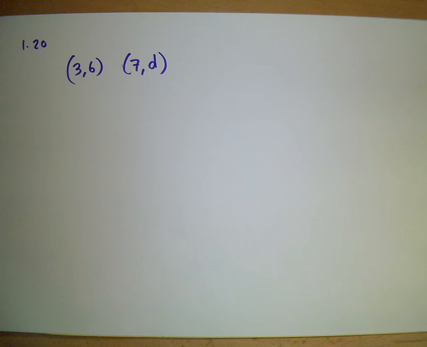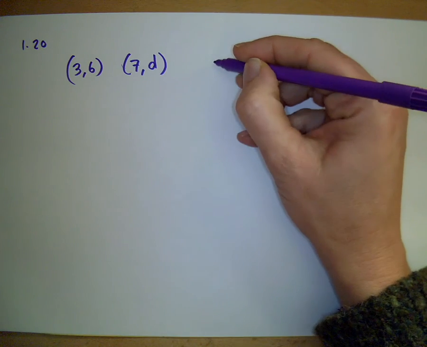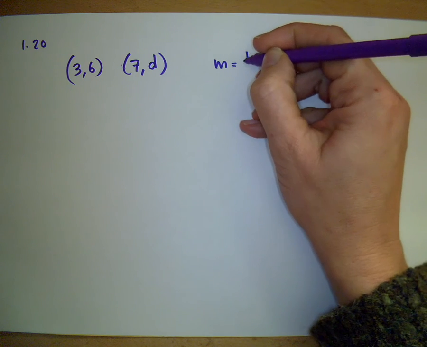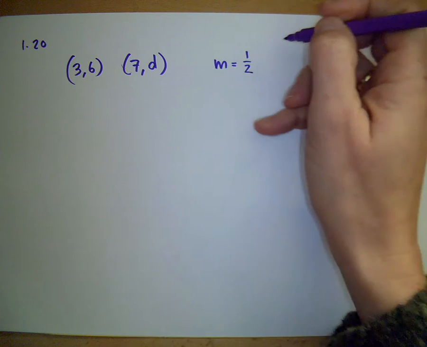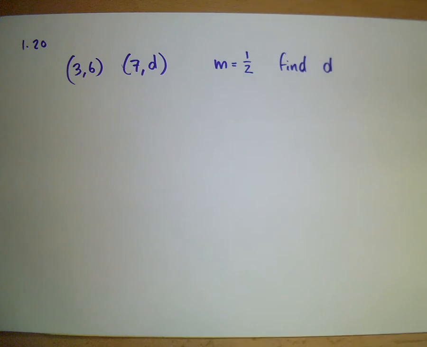The problem says this line connecting these 2 points has a gradient, which we use the letter M for, a gradient of 1 over 2. And then it says find the value of D.